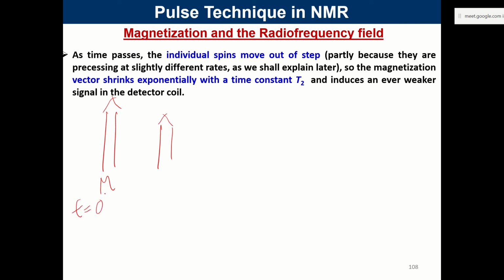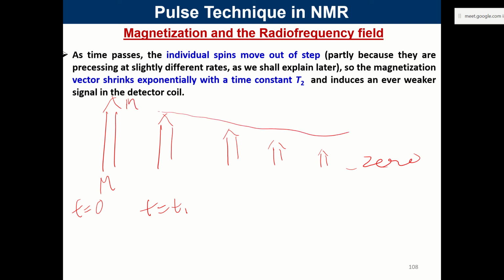Time t is equal to 0, t is equal to 1. Then it will fall further smaller, and then 0, like this. So the magnetization vector M will go on decreasing in some manner.